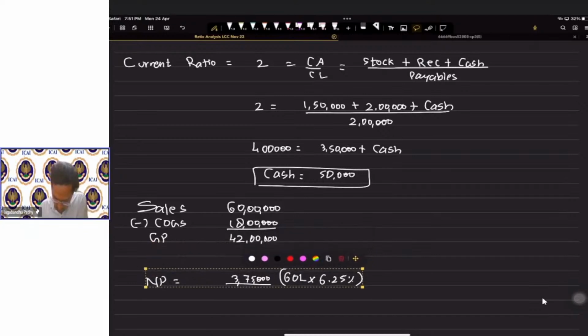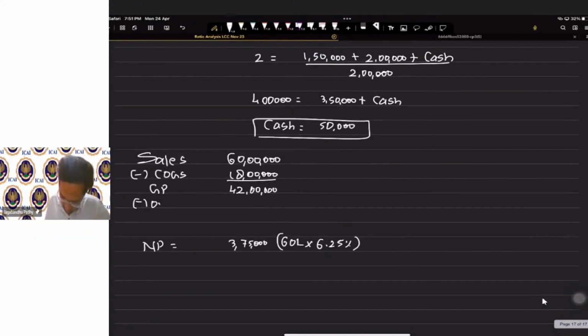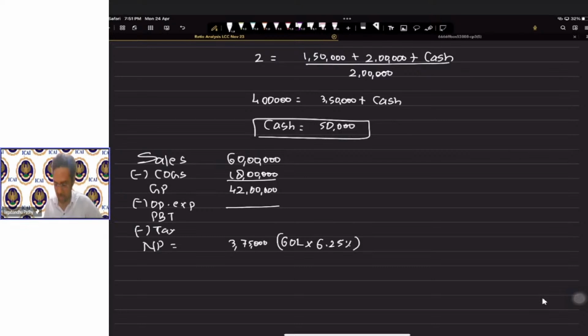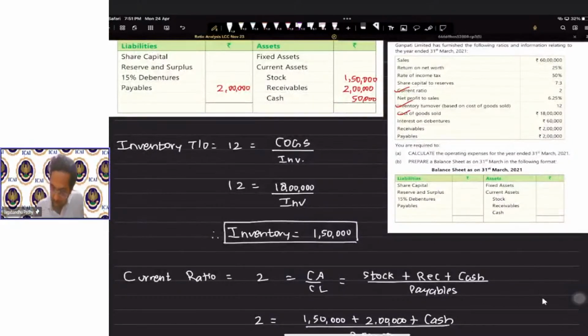From the GP, you essentially compute less operating expense, right? And then you get the profit before tax. From that, you reduce the tax. What's the tax rate? Tax rate is at 50%.